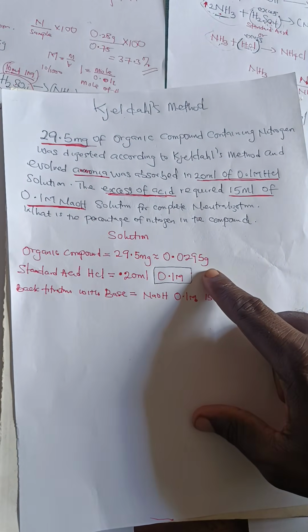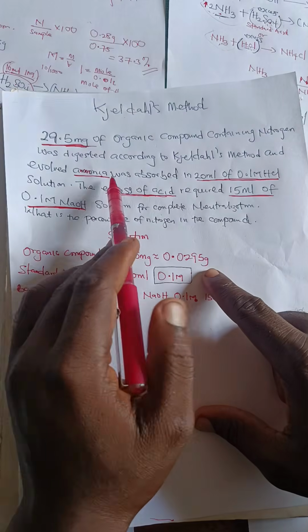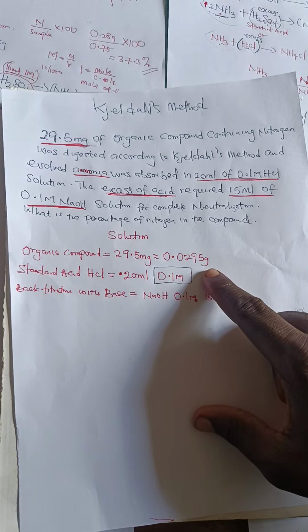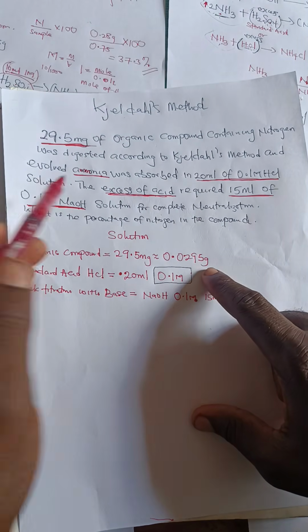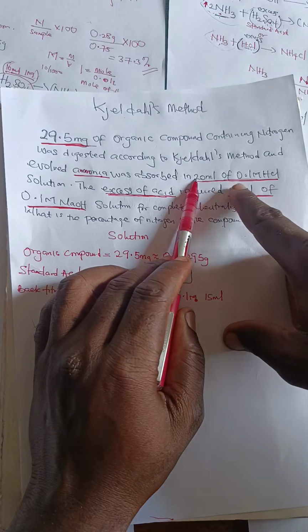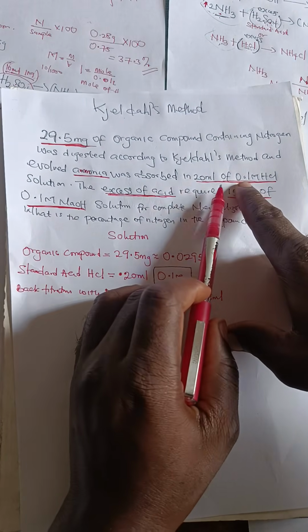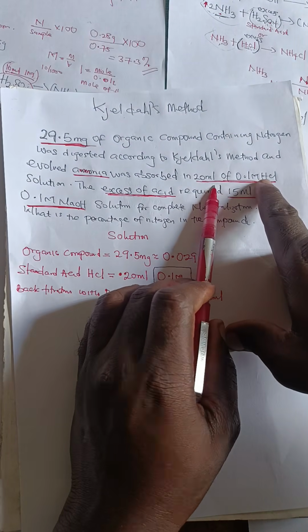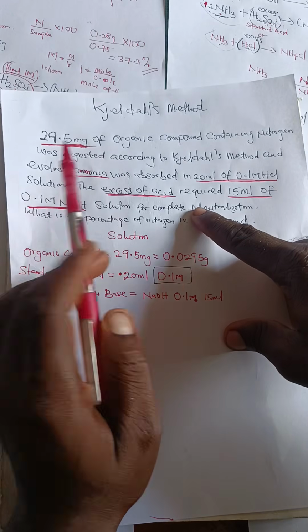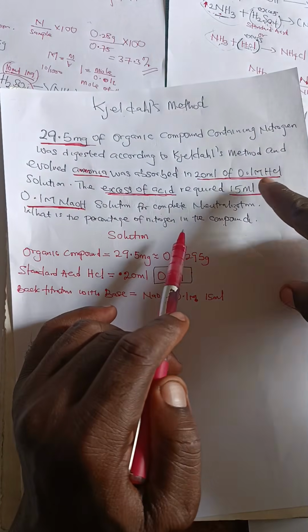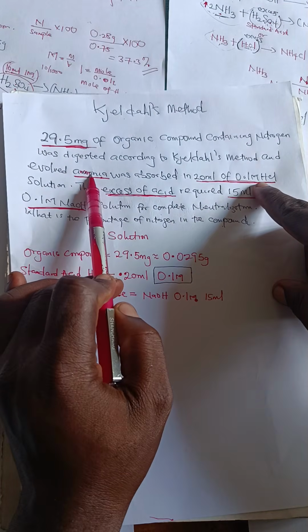In the previous questions that we solved, ammonia was also given off. So in any question you see, ammonia will be given off. Now, the ammonia given off was absorbed by a standard acid. 20 ml of 0.1 molar HCl solution was the standard acid used to absorb the ammonia.